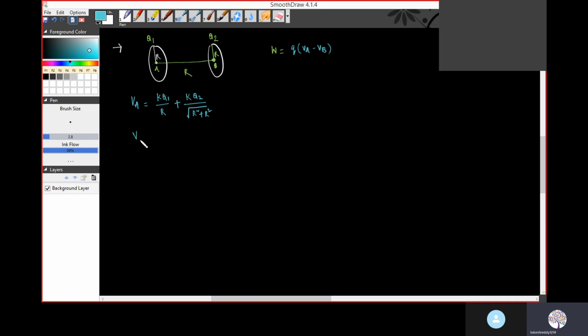Then the potential at B is the potential due to this ring, KQ2 by R, plus the potential due to the other ring at this point, KQ1 by root of R square plus R square.